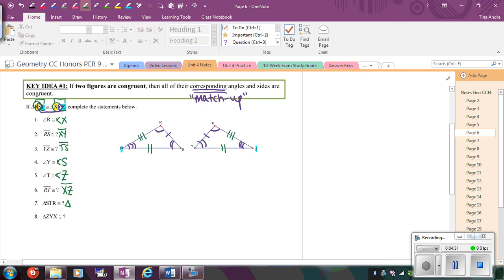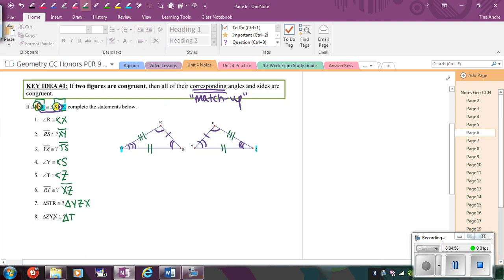So S matches up with Y. T matches up with Z, and then R matches up with X. So it's important that you make sure that you're matching them up correctly. And again, I could have looked at the original statement or looked at the picture. Last one here, angle Z is going to match up with angle T.